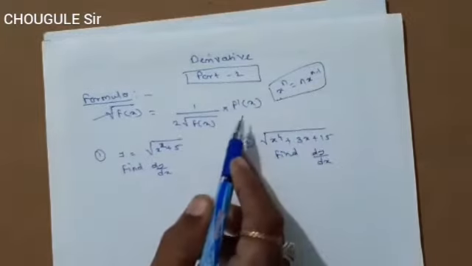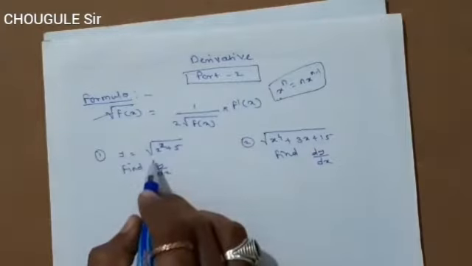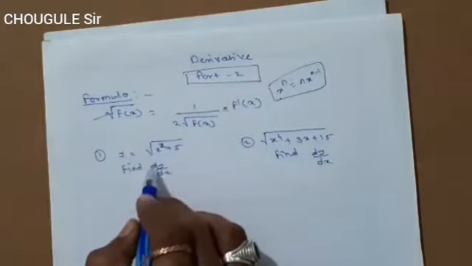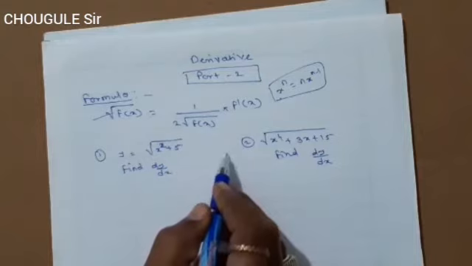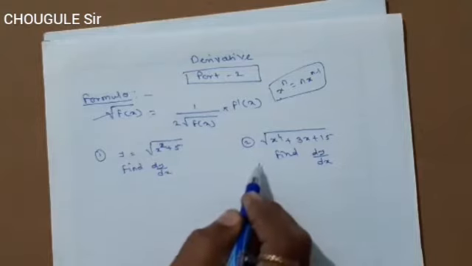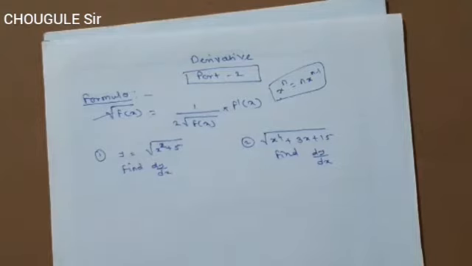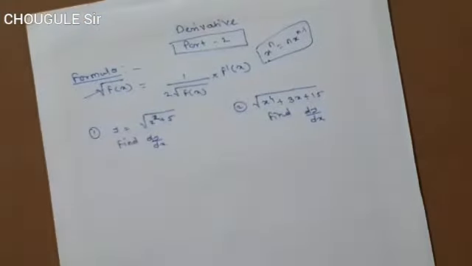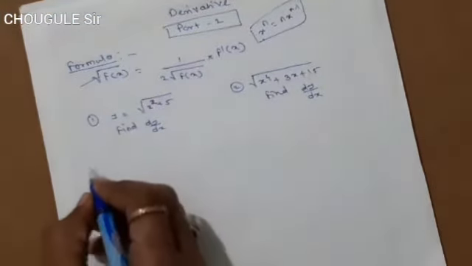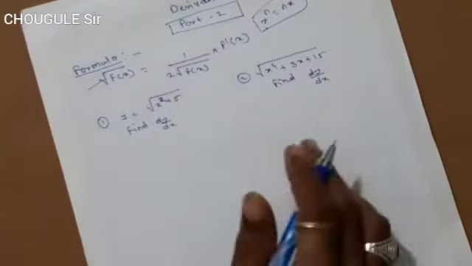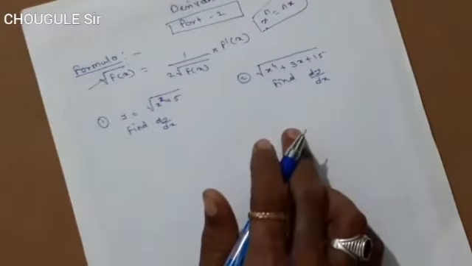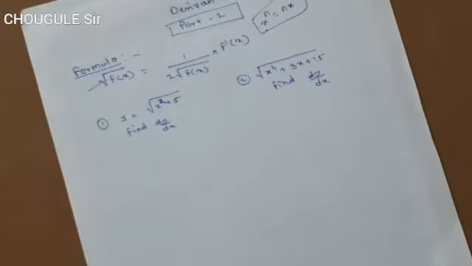By these two formulas we can solve the two problems and find dy by dx. First we solve the first one, and then the second.